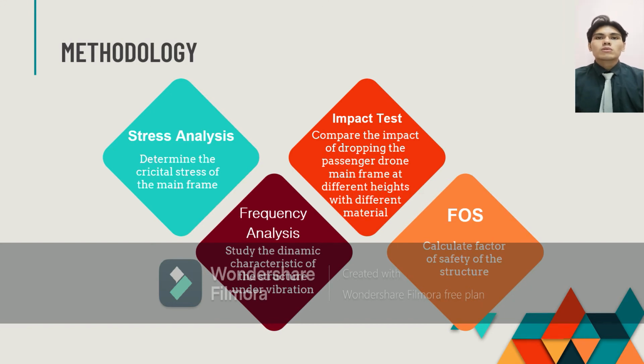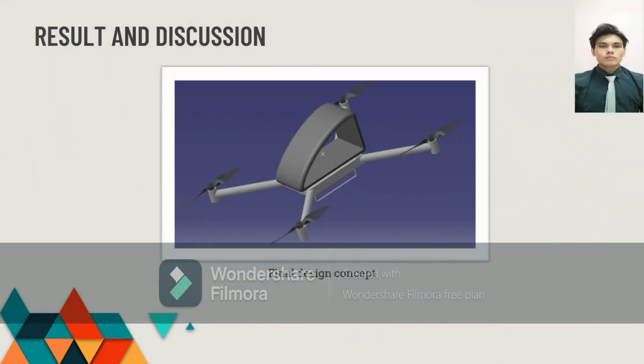The impact test was made to compare the impact of dropping the passenger drone from different heights with different materials. For example, in this project, I'm using aluminium alloy 6061 and steel AISI 1020. Lastly, the factor of safety (FOS) is used to calculate the factor of safety of the structure.